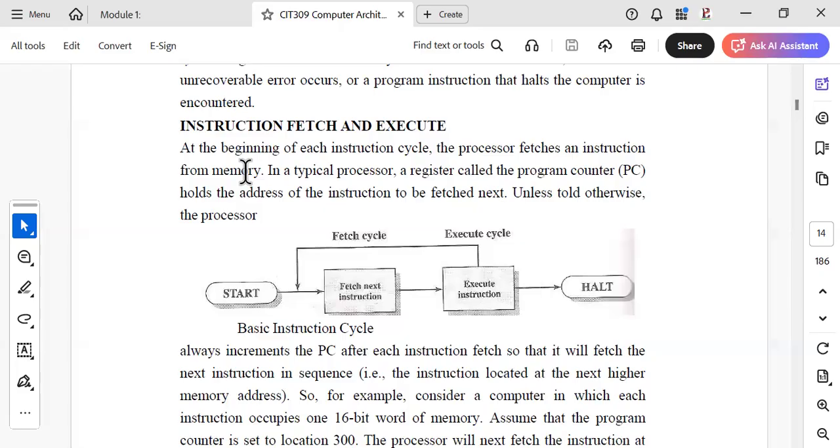After fetching the instruction, it will now execute, process that data, which comes as an instruction. Then after execution, the instruction now gives a feedback, which stands as the output. After which the whole process halts.